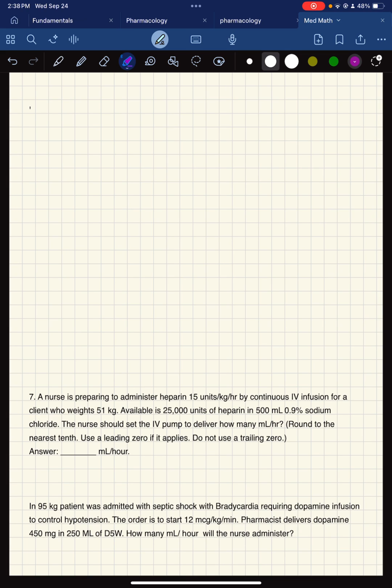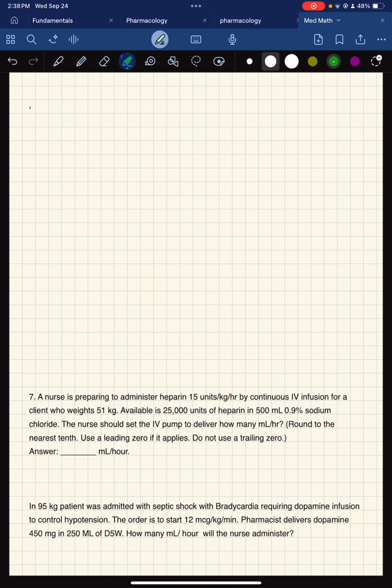Okay. All right, so it's a 95 kilogram patient who was admitted with septic shock for bradycardia, requiring the medication for hypotension. The order is to start at 12 micrograms per kilogram per minute. The pharmacy delivers the 450 milligrams in 250 ml of D5W. How many ml will the nurse administer?